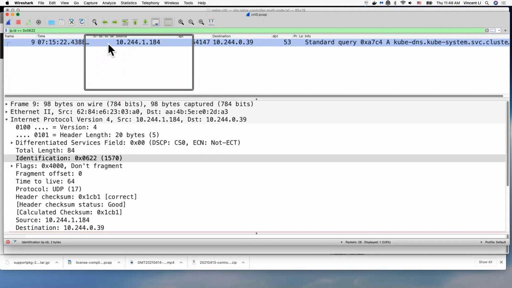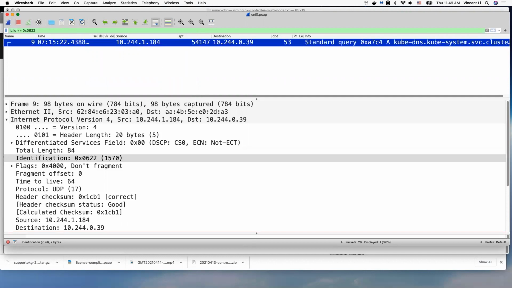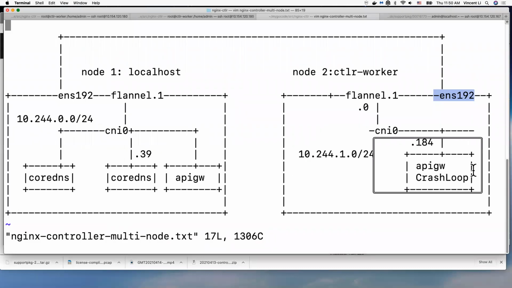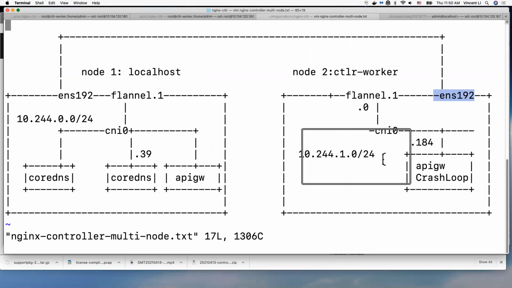And in the diagram here, let's see. Okay, this is my API gateway pod, and that's the .184 source IP address, and this node has the subnet 10.244.1.0/24.